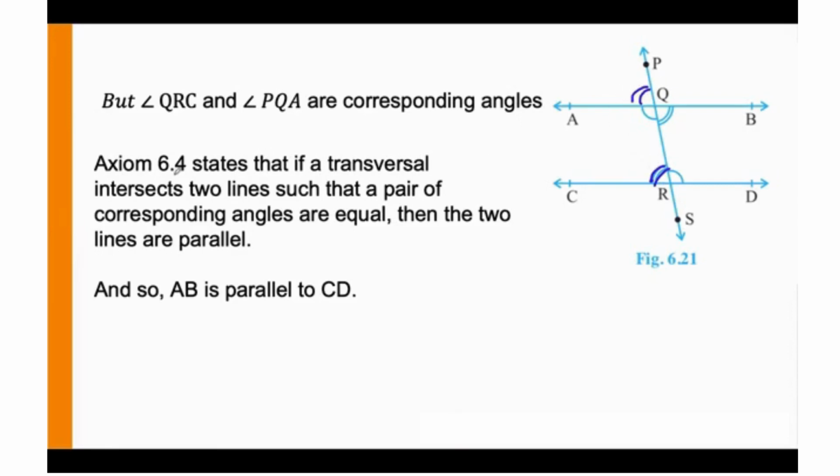And therefore, the axiom states that if a transversal intersects two lines such that a pair of corresponding angles is equal, then the two lines are parallel. And because a pair of corresponding angles here are equal, we can say that AB is parallel to CD. Hence proved.